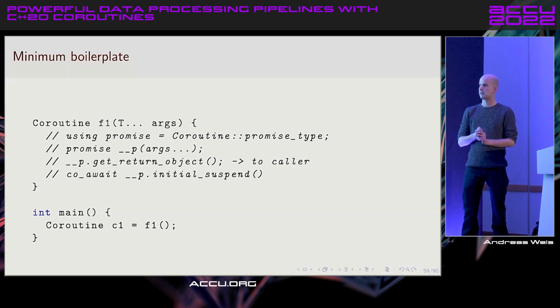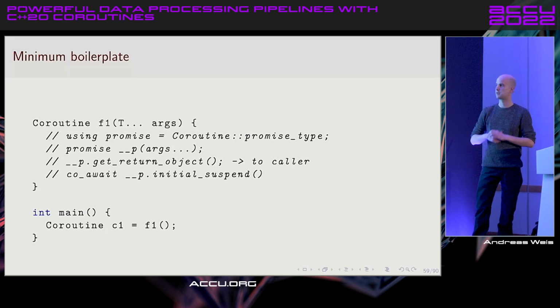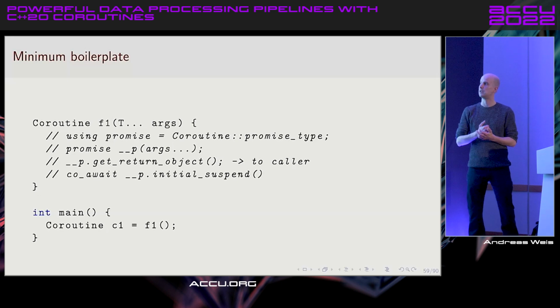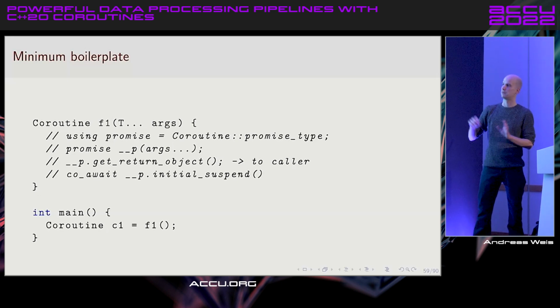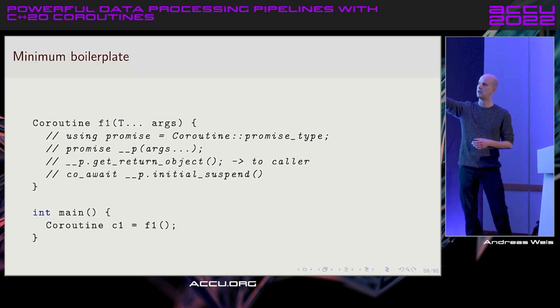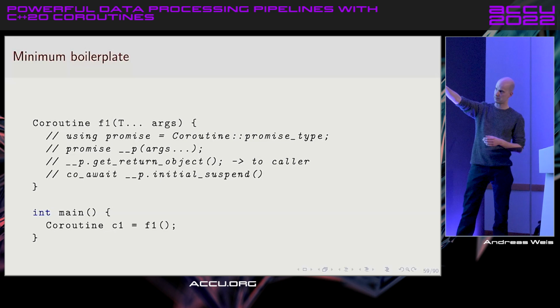So what happens now is that the compiler does a bunch of stuff behind the scenes. I tried to sketch this out here. Whenever the coroutine is invoked, it first looks at the return type, determines the promise type from it. Then it's going to construct a promise.